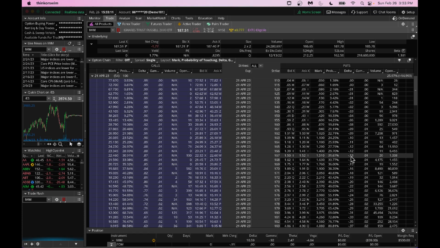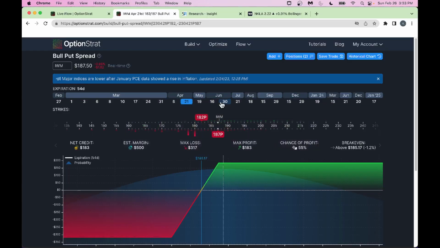Normally I love round numbers, so you could do 170, which is a good one, or 165, or in this scenario, because there is no good round number here, you could say 168 and 158. You could do that too. So with that, let's jump in here. Typically I'm very conservative.